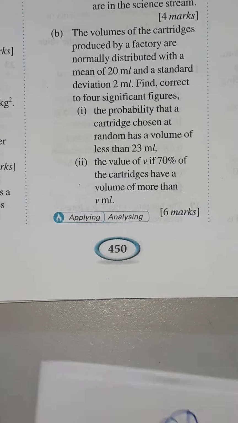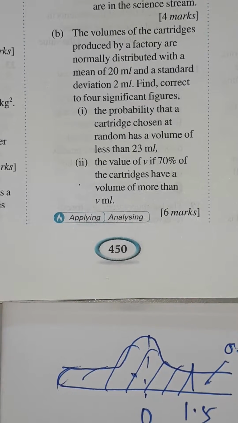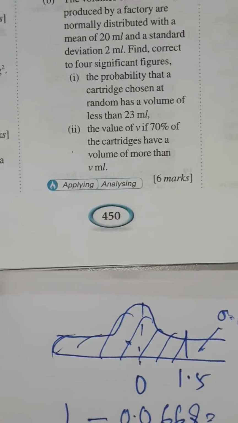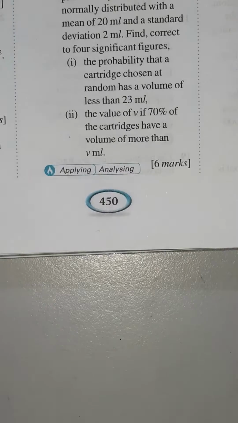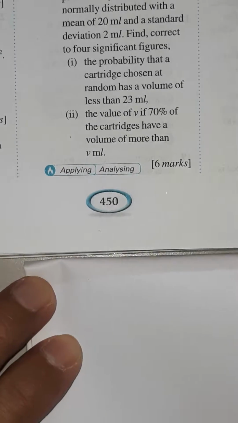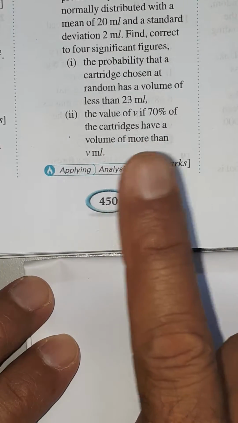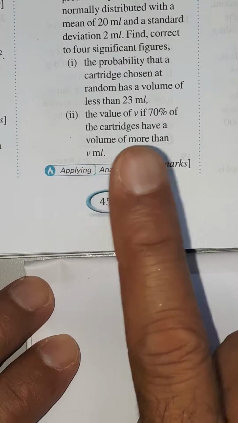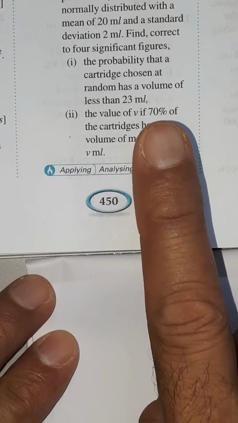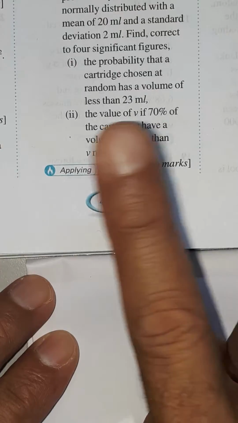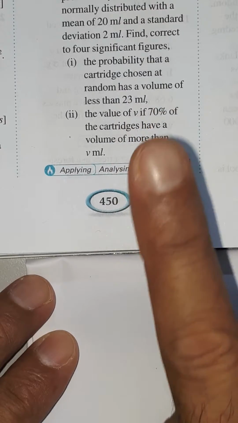Question B2, what is it? We want to know the value of V if 70% of the cartridges have a volume of more than V. This 70% is the probability, just like the B1 that we did.